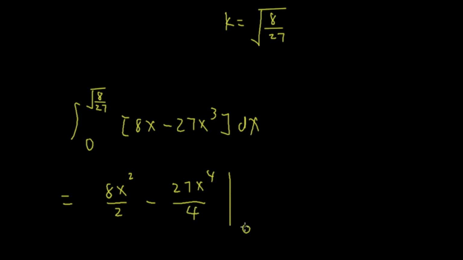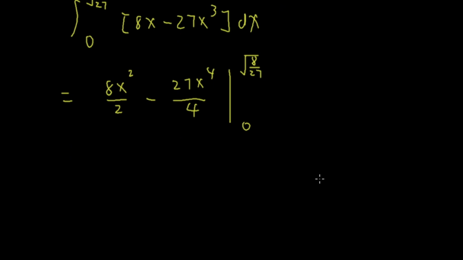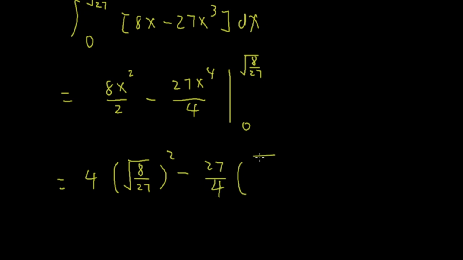Evaluate from 0 to the square root of a over 27. Okay, let's put that in. So that is a x squared over 2, right? And x is here, the square root of a over 27 squared, minus 27 over 4 times the square root of a over 27 to the 4th, minus, okay, if you put 0 here and here, that's just 0.